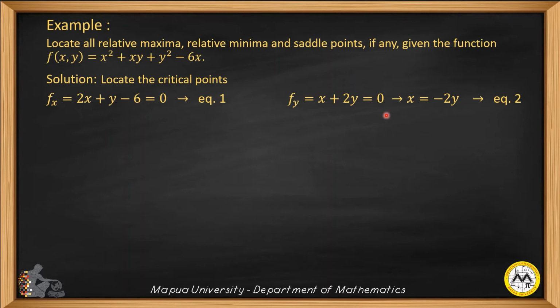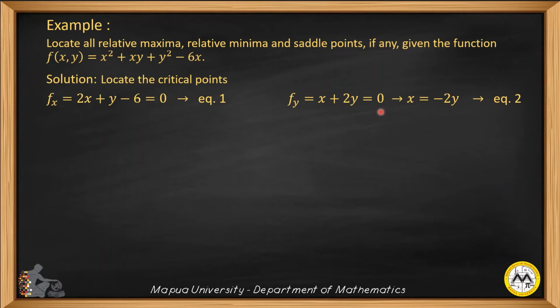To satisfy this condition given the function f of xy, the partial derivative of f with respect to x is 2x plus y minus 6, which we equate to 0. And the partial derivative of f with respect to y, which is x plus 2y, is also equated to 0.